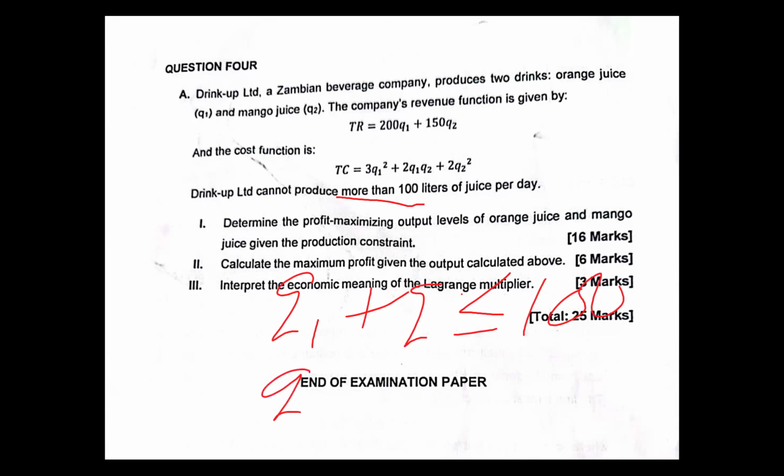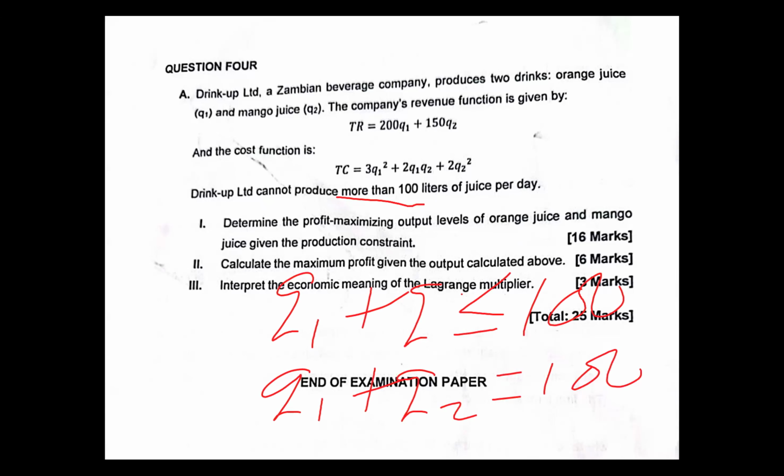But since there is a constraint, our constraint is like this: not more than 100, which means Q1 plus Q2 should be less than or equal to 100. When you make it less or equal to, you can convert this to equal signs: Q1 plus Q2 equal to 100.